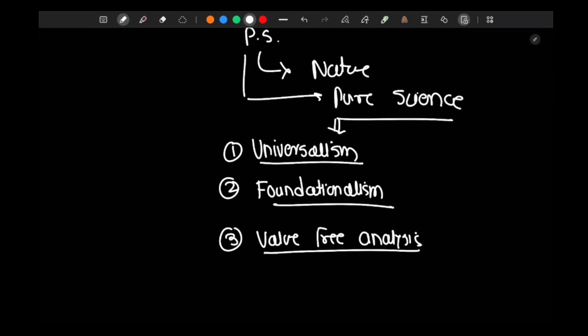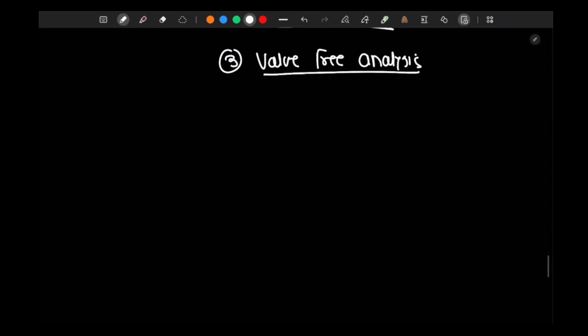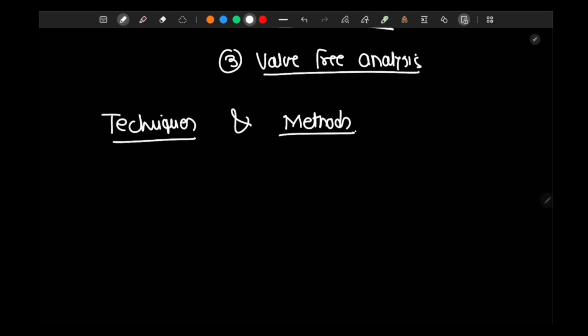Taking that idea ahead, Easton himself developed the systems approach to comparative politics. What is the systems approach? As I was talking about behavioralism, I spoke two words: techniques and methods. These techniques and methods were used by Easton in his systems approach.